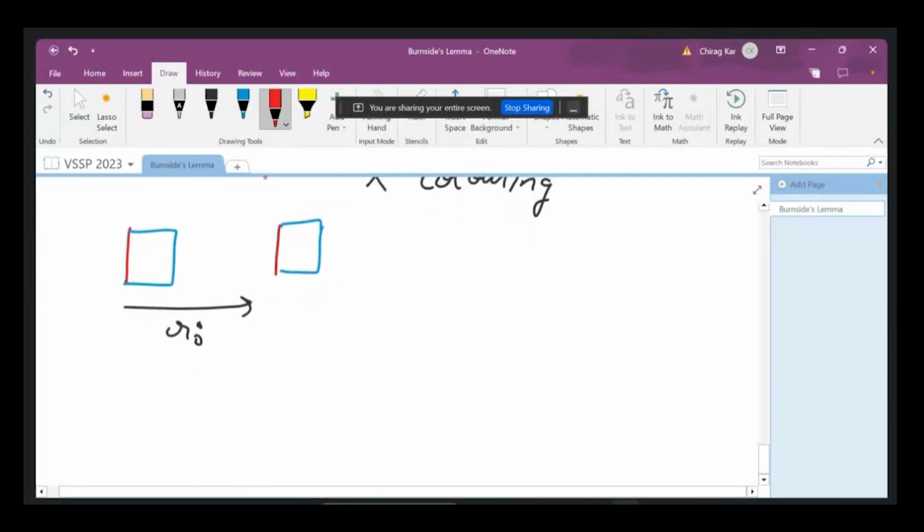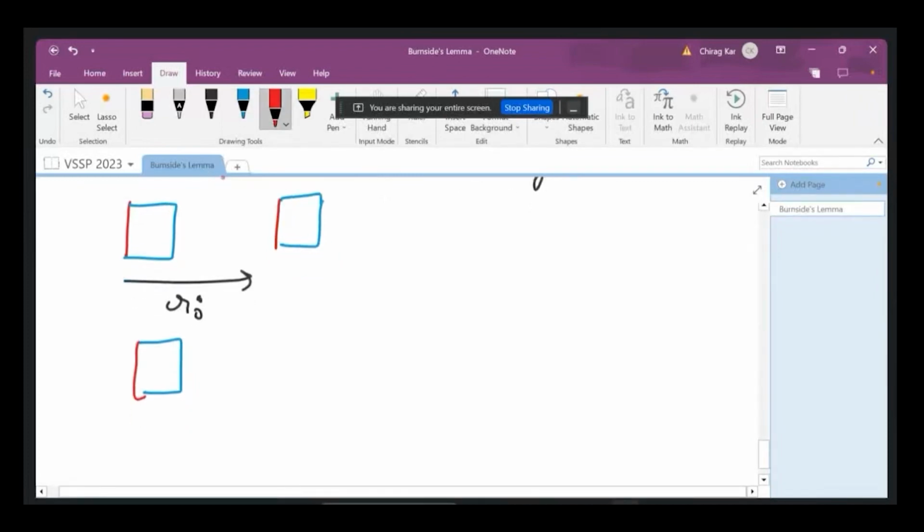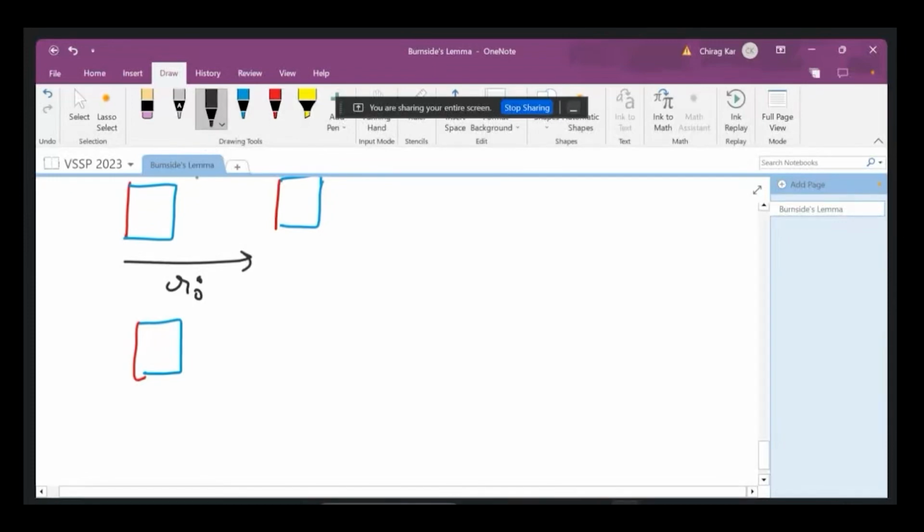However, suppose I was rotating it by, for example, R90 degrees. I'm going to draw it out again. Then it would just be this one.